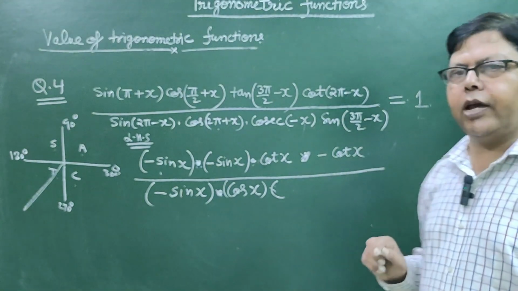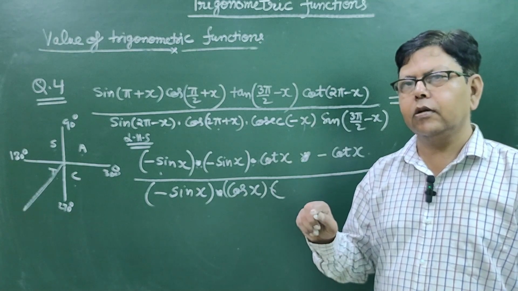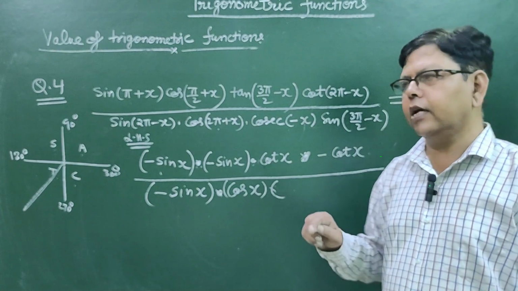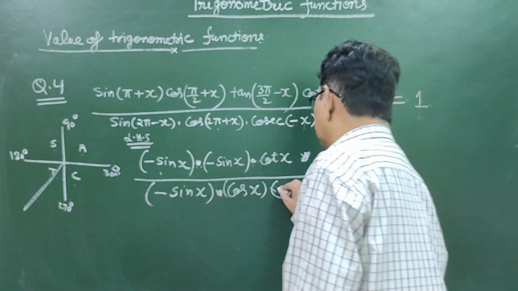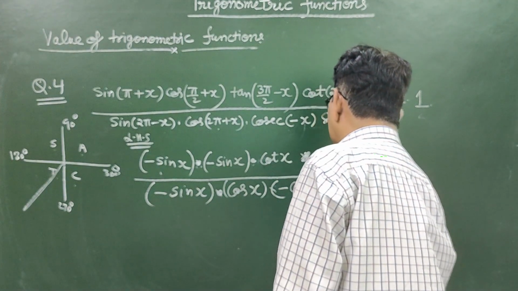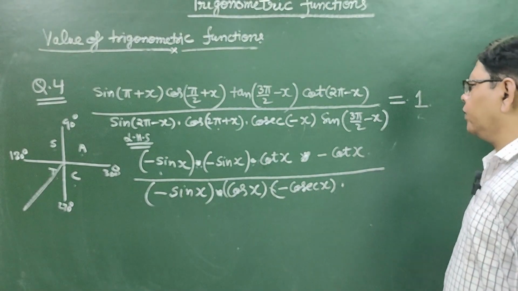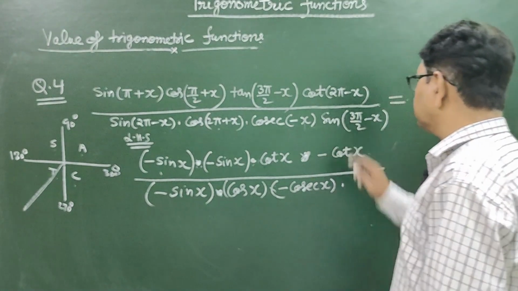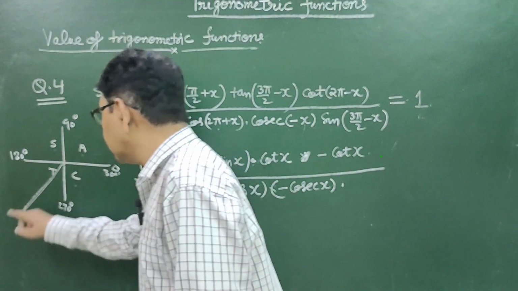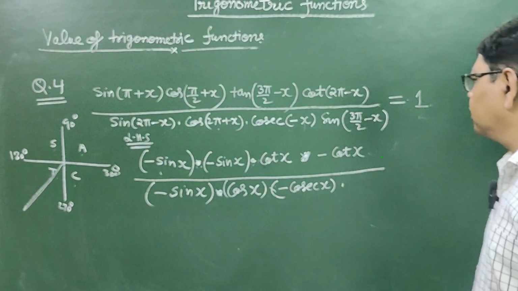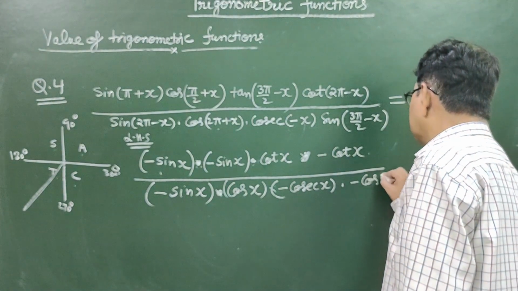In case of negative angle, only cos and sec have no change in sign, in the rest of the trigonometric ratios the minus sign comes out, so this is minus cosec x, and into sin(3π/2 − x). Sin will change to cos, and for 3π/2 − x, you are in the third quadrant, and in the third quadrant cos is negative, so this is equal to minus cos x.